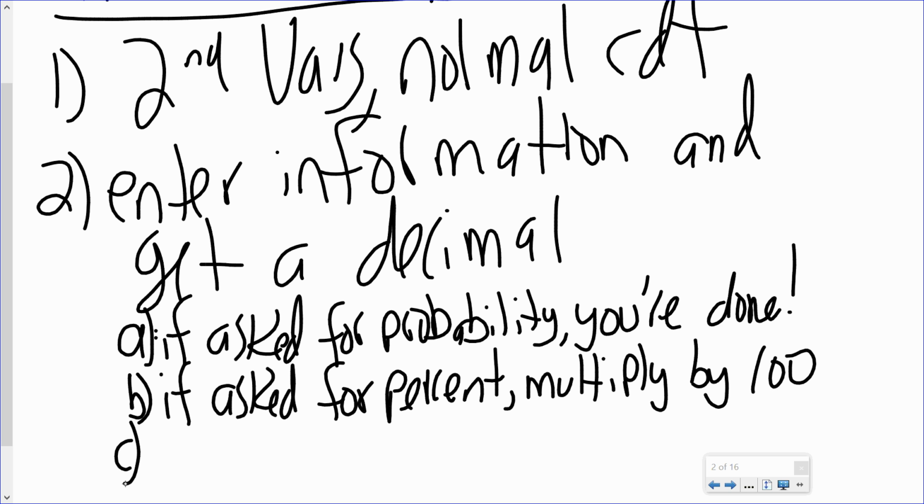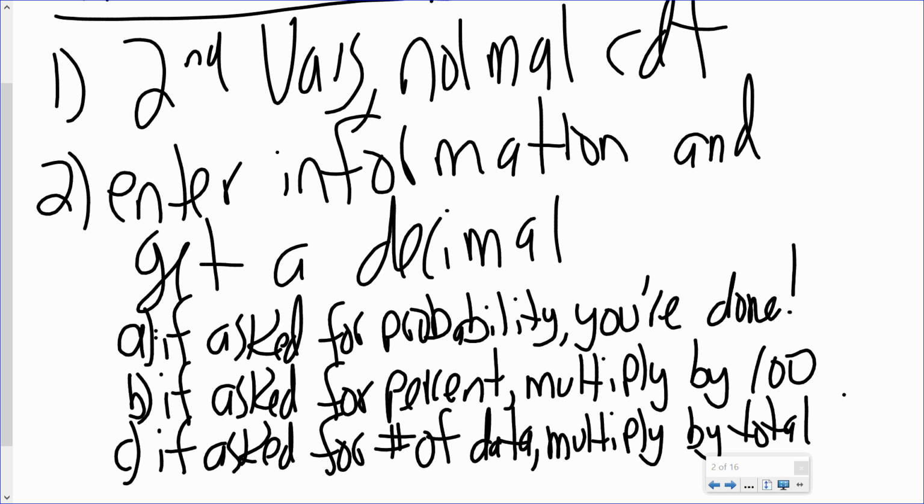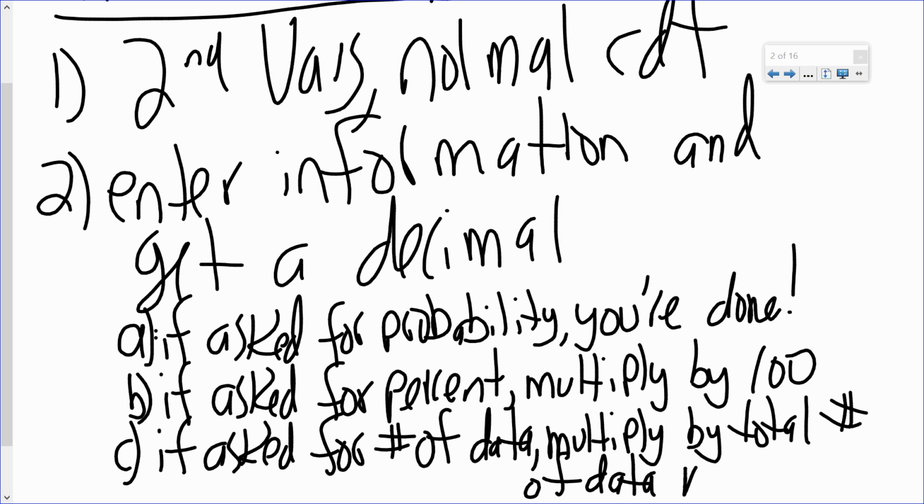And if asked for the number of data points, multiply by the total number of data points. So the notes that I put in front of the packet might look slightly different. I'm just kind of going off the top of my head here. But these are the 3 circumstances.